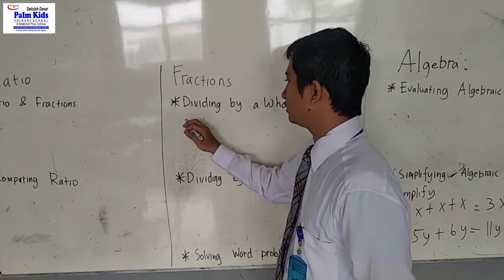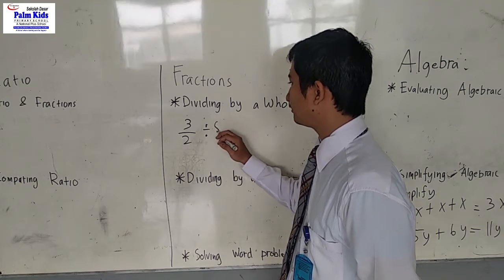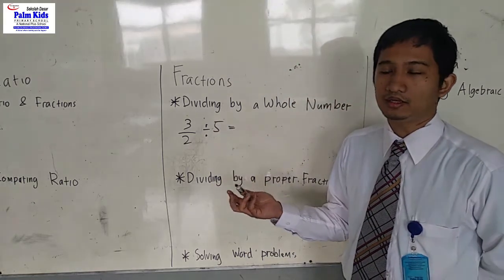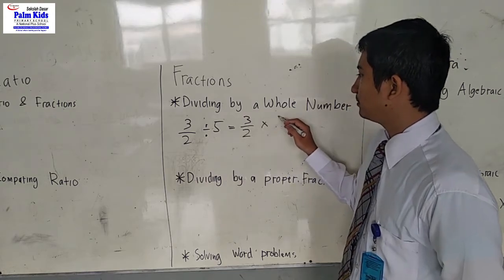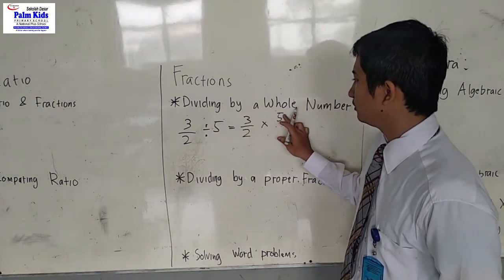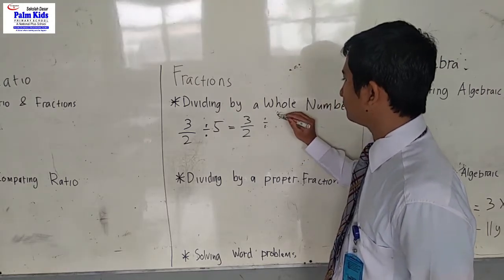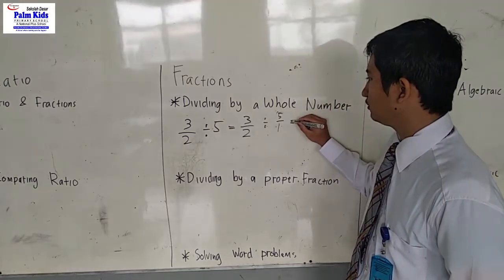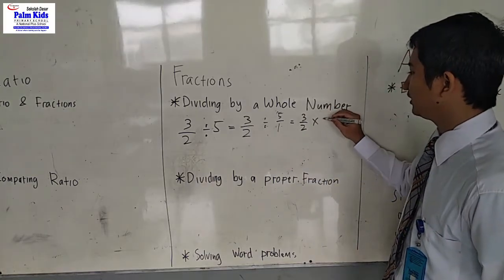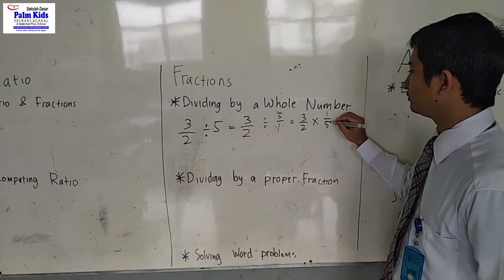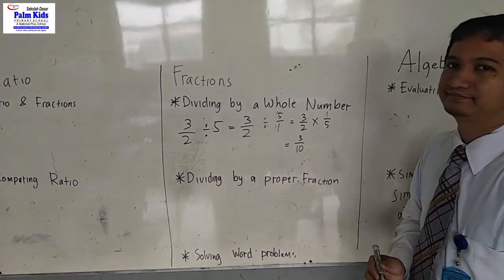This is a fraction. 3/2 divided by 5 equals to 3/2 multiplied by 1/5, because 5 is 5/1, and we change the division into a multiplication. So it equals to 3/10.